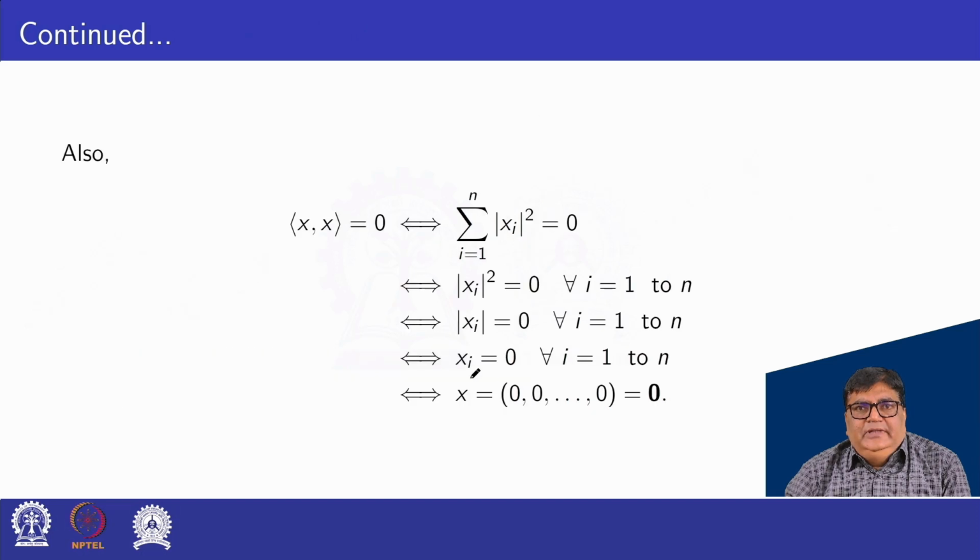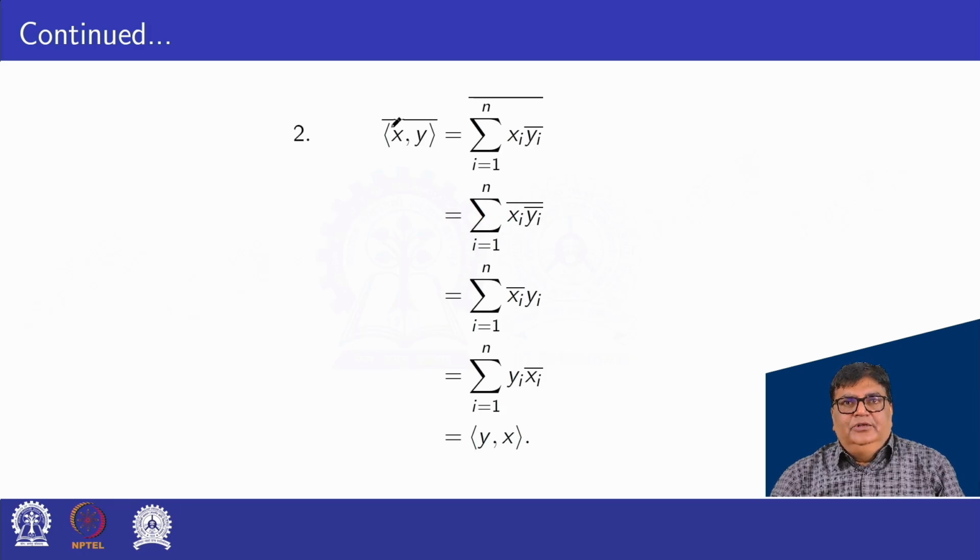So each xi is 0, that is x is equal to the n-tuple 0, 0, 0. That is the 0 vector. Hence, the inner product of x, x is equal to 0 if and only if x is equal to 0. So the first condition of the inner product is satisfied.